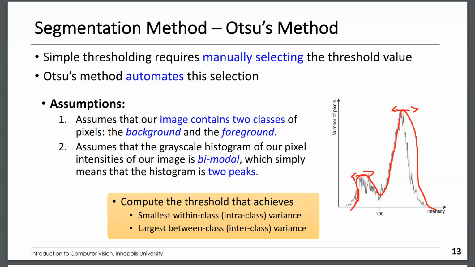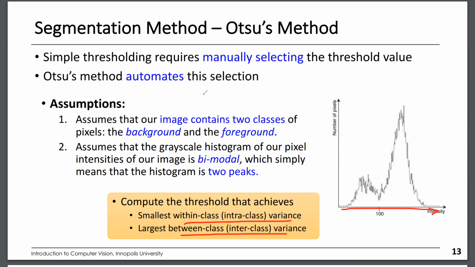And this is why we introduced Otsu's method, which is a very simple method. Basically, we go through all of these thresholds and see which one gives us the best criteria. The criteria we're working with is a smaller within class variance and a large between class variance.